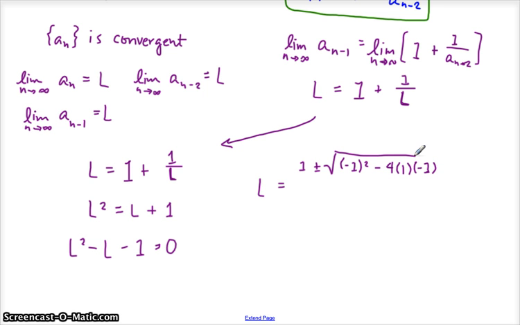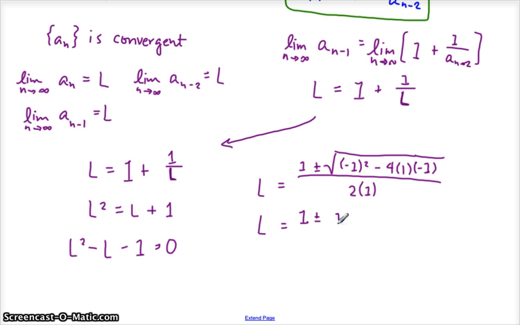There we go. And then that's all divided by 2A. So in this case, it'd be 2 times 1. So let's see if we can clean this up a bit. So we have the 1, that still stays the same. And we have plus or minus. -1 squared is just going to be a 1.